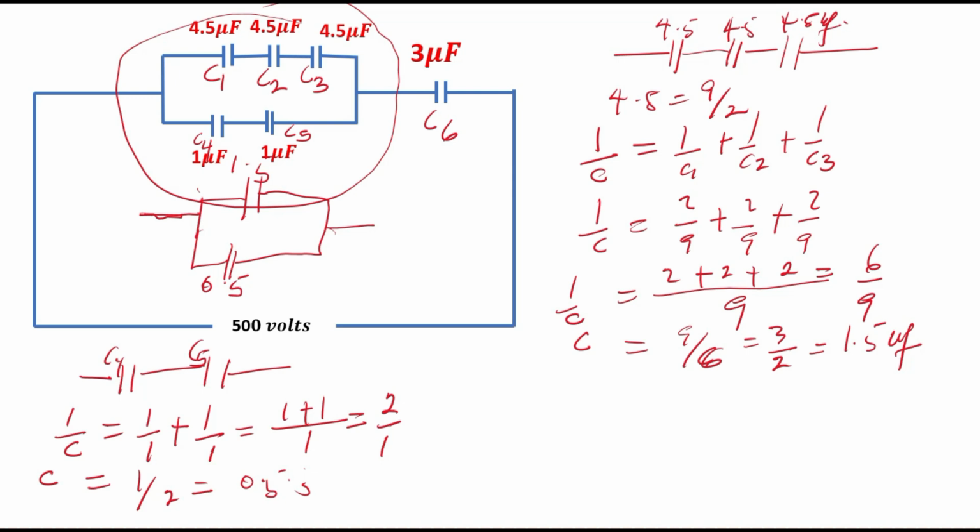Effectively, for capacitance in parallel, my C effective for that circuit will be 1.5 microfarad plus 0.5 microfarad, which is equal to 2 microfarad.